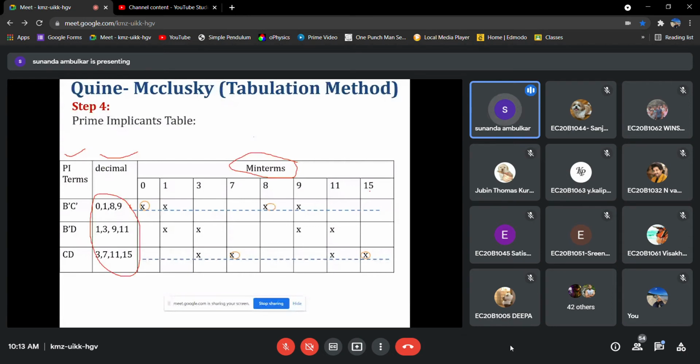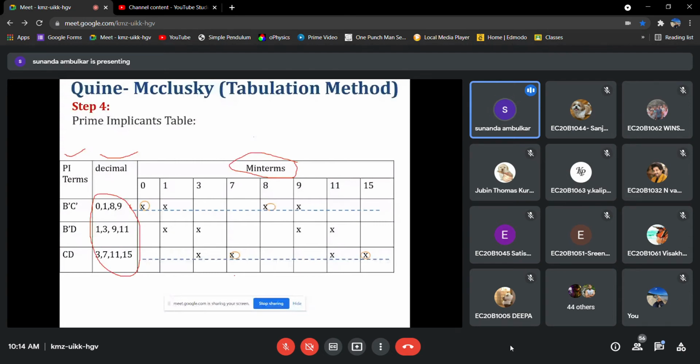Now what we have to do is put a cross mark for the prime implicant to which a min term belongs. Whatever min term belongs to that particular prime implicant, we put a cross mark at that position.